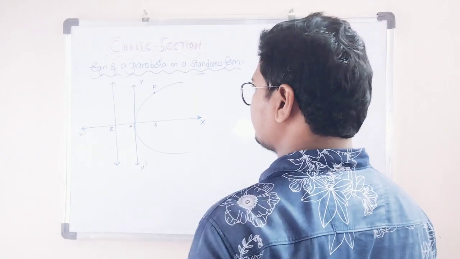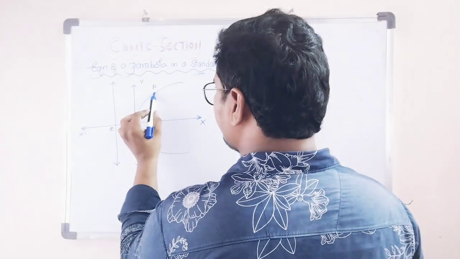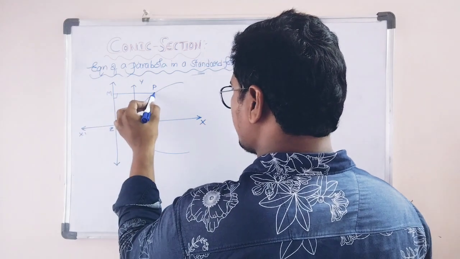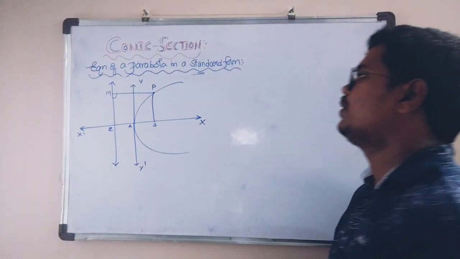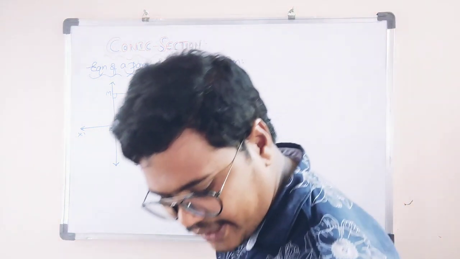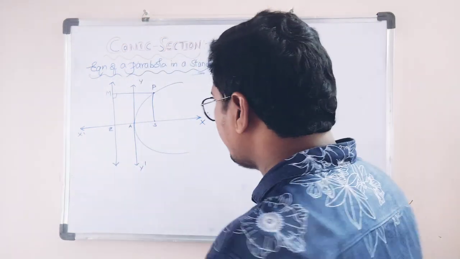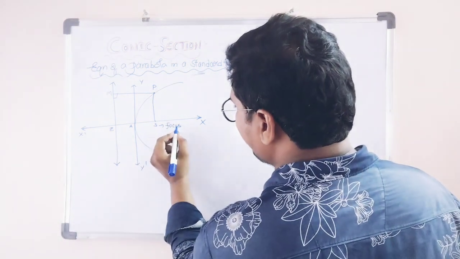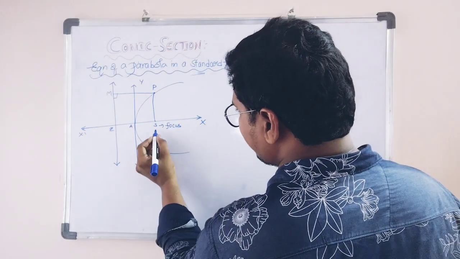P has been fixed here. Through P, we are drawing one perpendicular, that is PM, and joining S. Let us see, guys. Here S is the focus of the parabola, which appears on the x-axis.